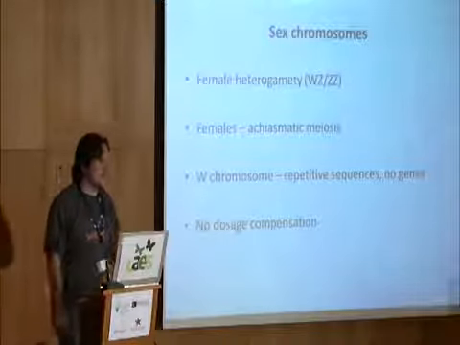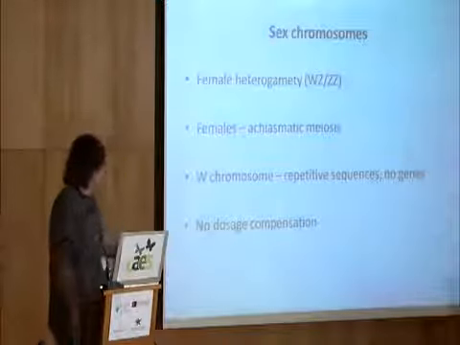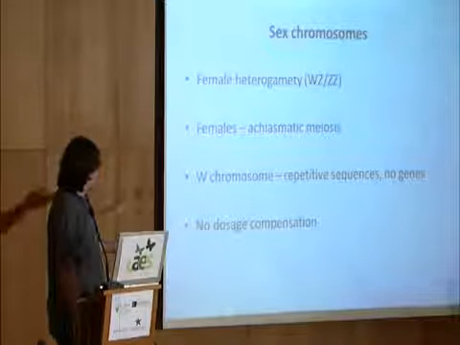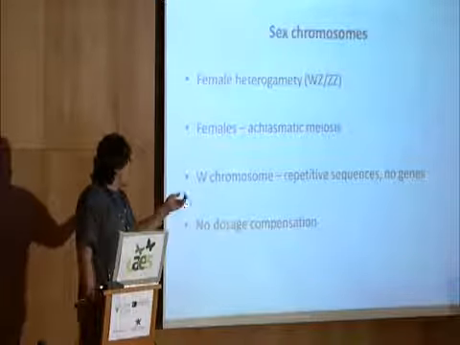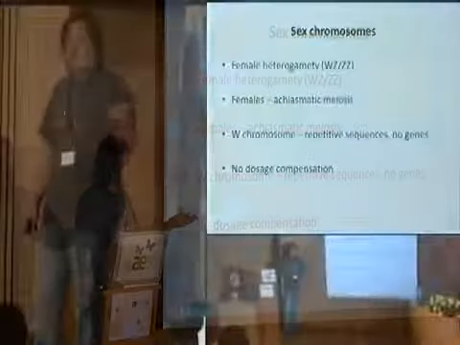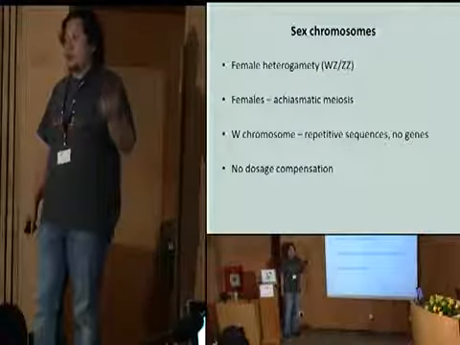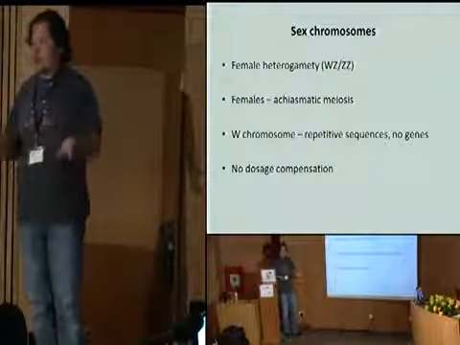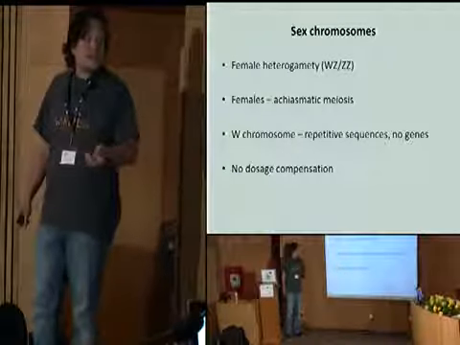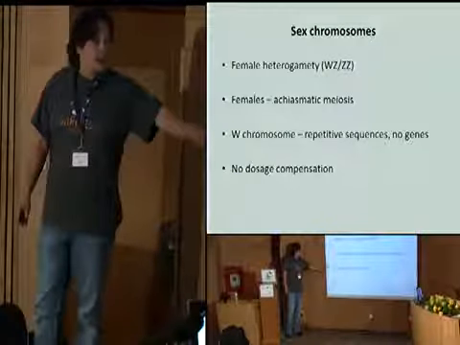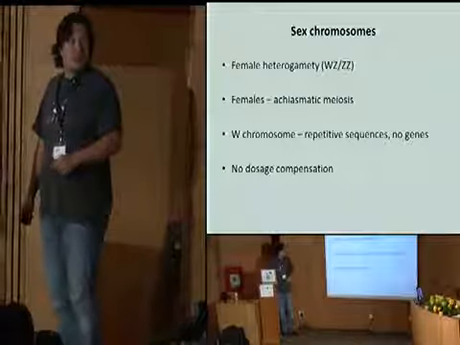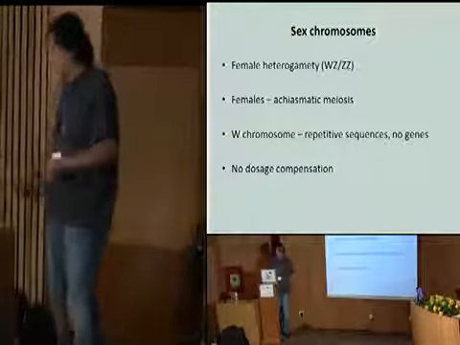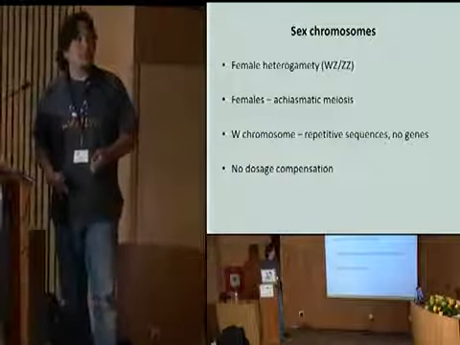That means there is no recombination during female meiosis, and the female-specific W chromosome is full of repetitive sequences, and probably there are no genes, or at least no known coding sequences from the W chromosome. Also, there is no dosage compensation between males and females. It will be important later.